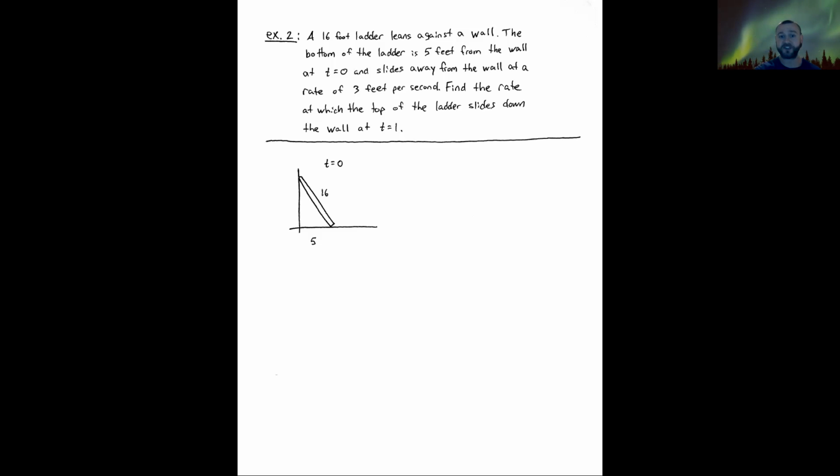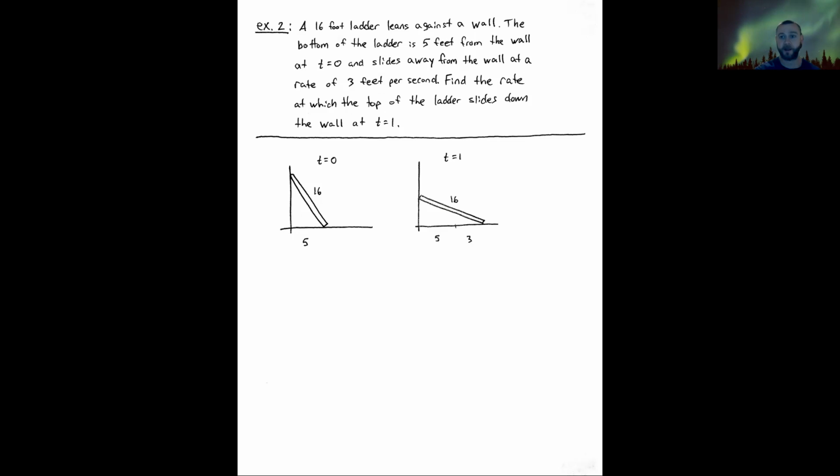We're told that the base is sliding away at a rate of 3 feet per second. Now, after 1 second, the ladder has traveled an additional 3 feet from the 5 feet that it was initially. So after 1 second, the base of the ladder is a total of 8 feet from the wall.